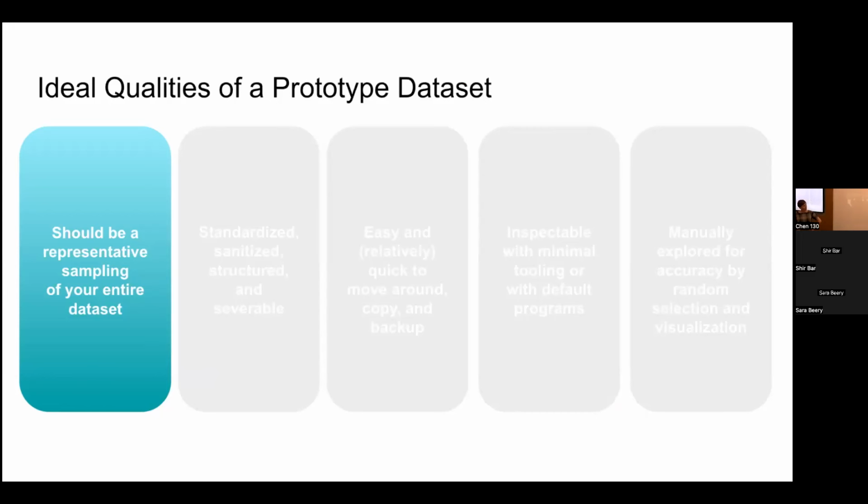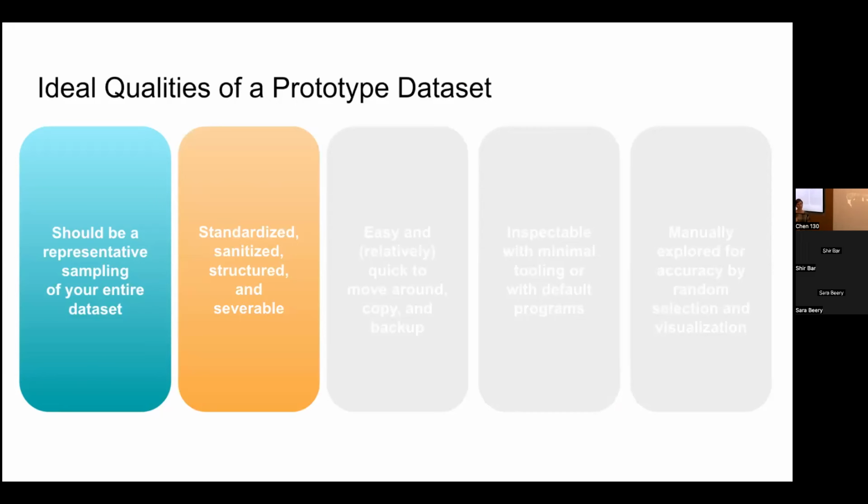So one thing, when we're talking about these prototyping data sets you guys are bringing in, ideally it should be a representative sampling of your entire data set. We'll spend probably the rest of this lecture talking about why that's kind of impossible, but we want to do our best to have it be representative of what we want to use this model to do.